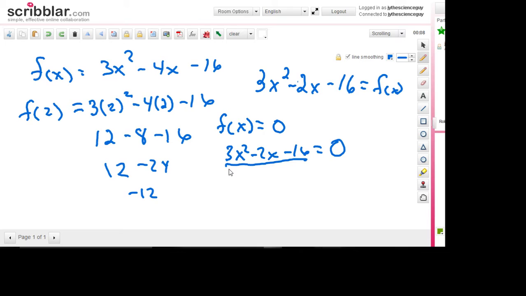So if I want to find f of g of 7, I'm going to make this 3 because I want it to work out nice and easy. Then the first thing I have to find is g of 7. What is g of 7? 26.